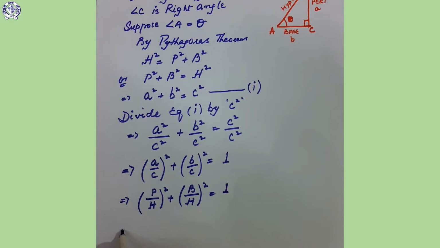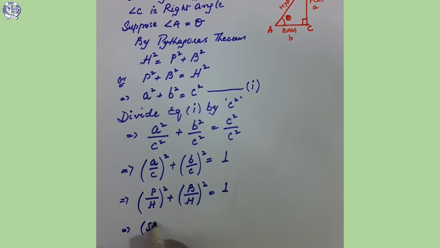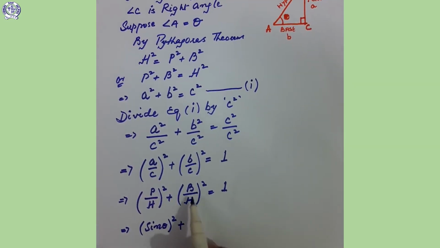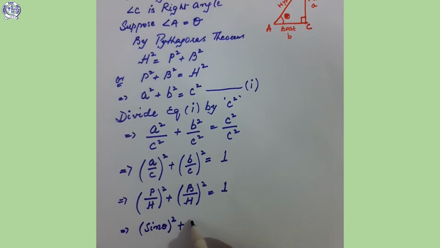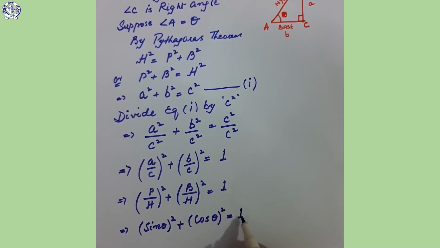Now you know that perpendicular upon hypotenuse is sine, and angle we are using theta, so sine theta whole square. Plus same we'll do here, base upon hypotenuse is cos theta, so cos theta whole square equals to 1.